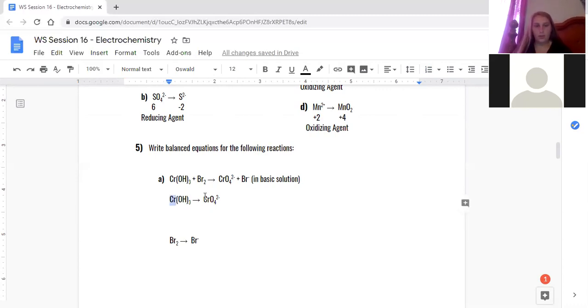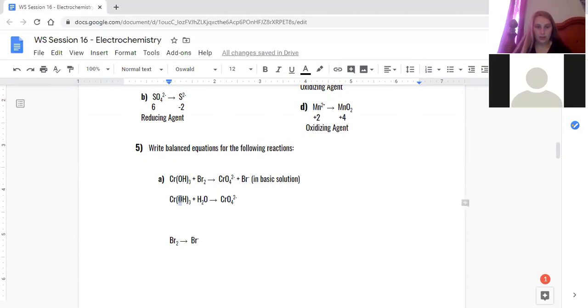So we have 1 Cr on both sides, so we're good there. We only have 3 oxygens over here, and we have 4 over here. So we're going to have another H2O. Sorry, I was thinking wrong again. We're going to have another H2O for this one, to get that extra oxygen.